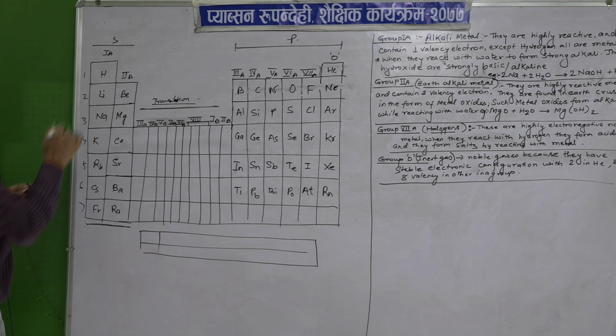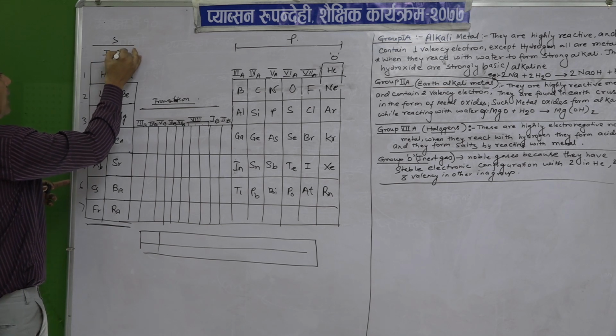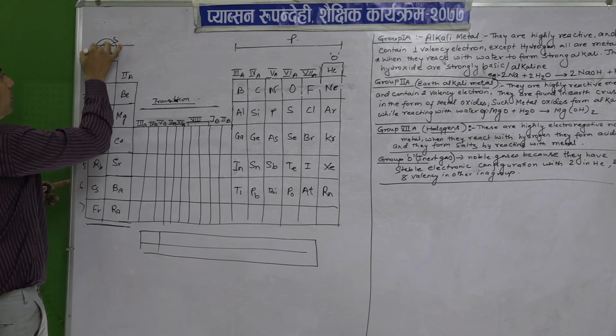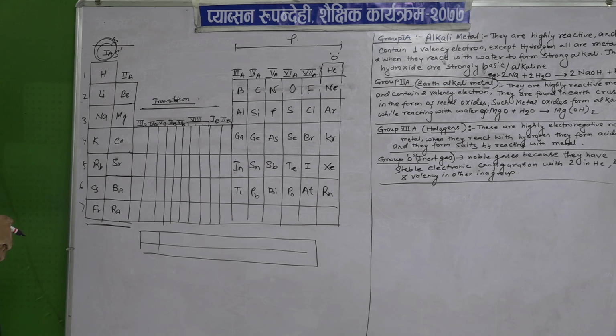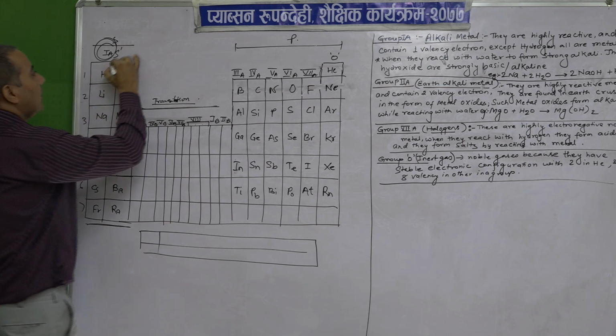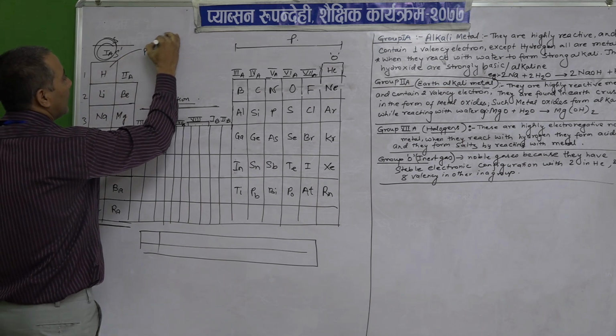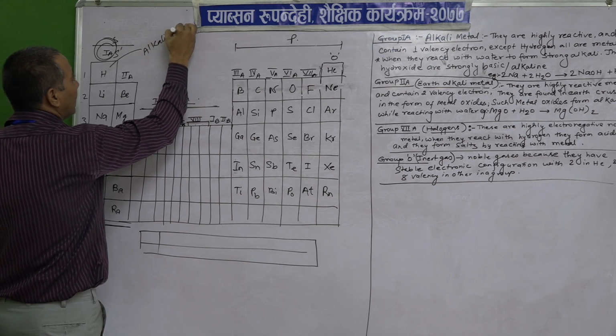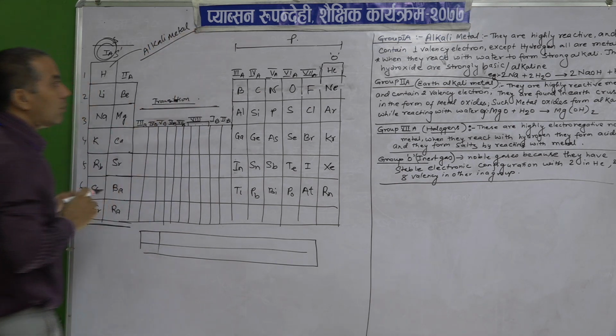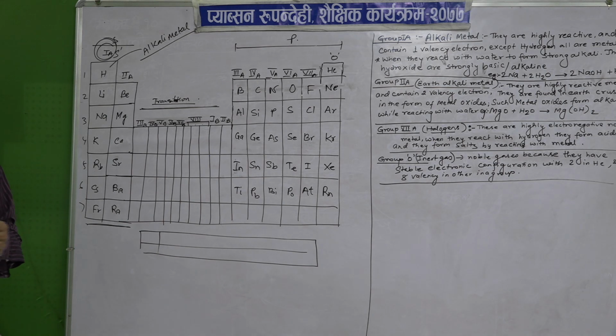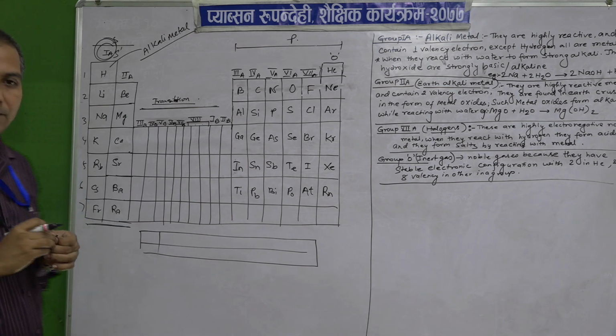The first one is S1 or group 1A. It is also called alkali metal.